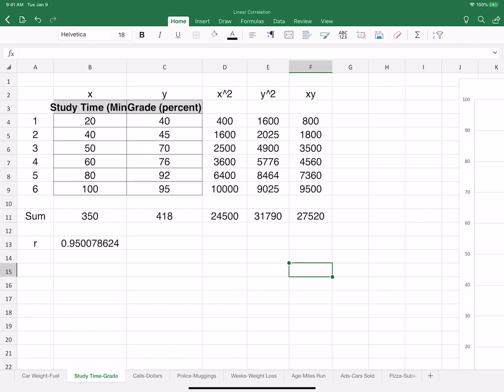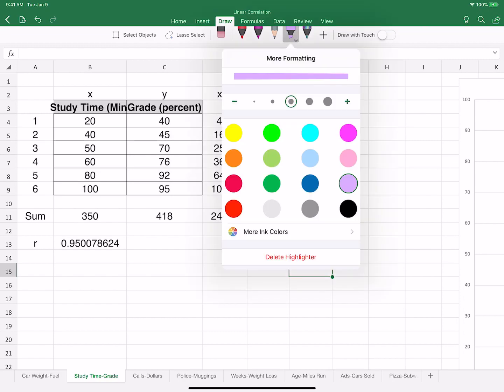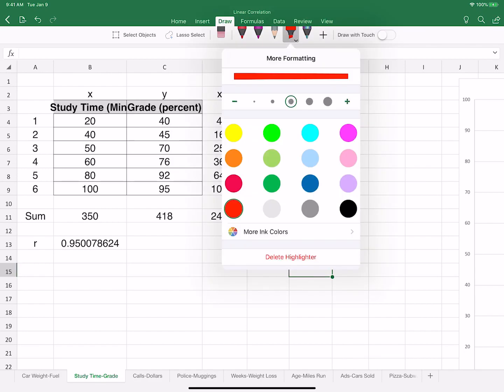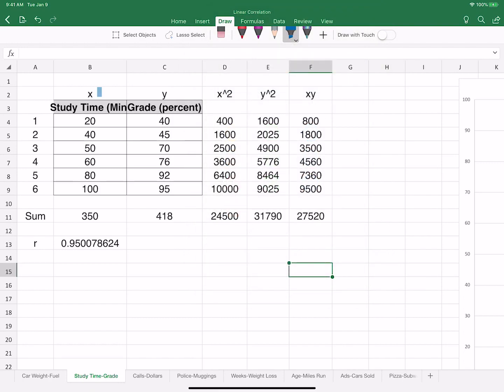Okay, so again, we're going to need each one of these here. Let's find our highlighter. Let's do blue. X, we need the sum x. Y, we need the sum y. X squared, we need sum x squared. Y squared, sum y squared. XY, we need the sum what?